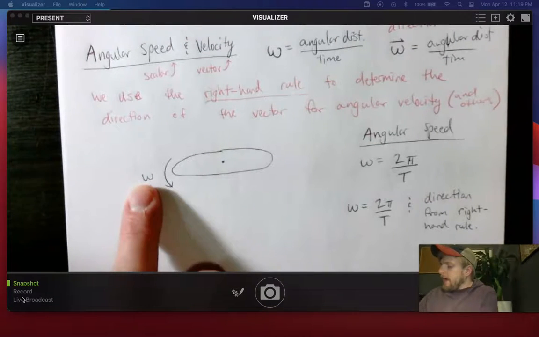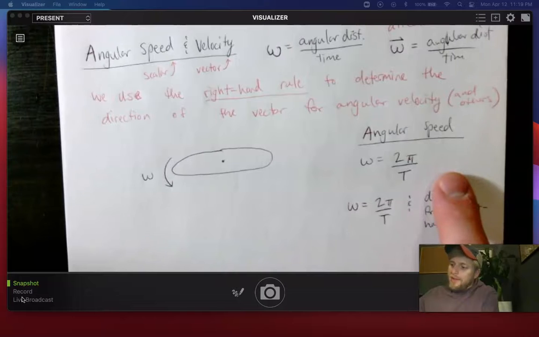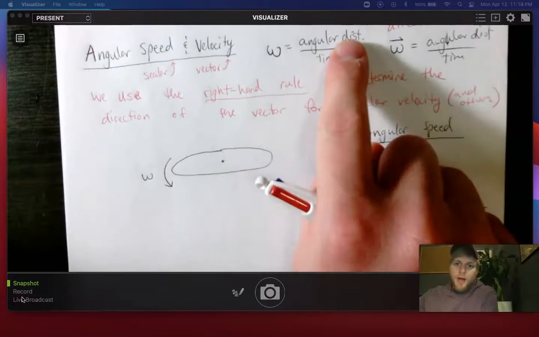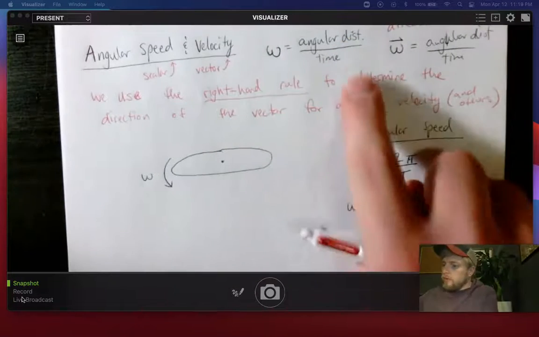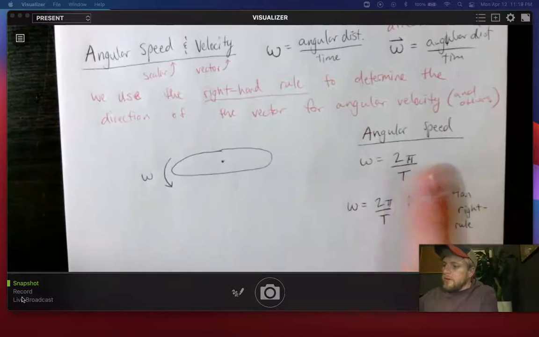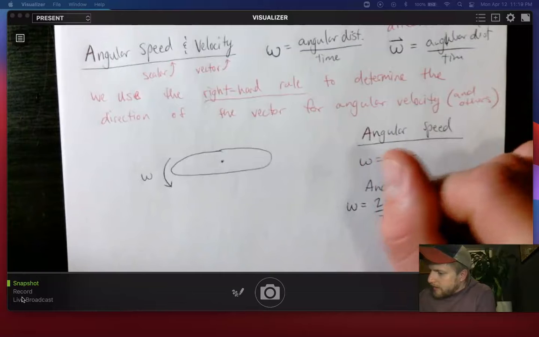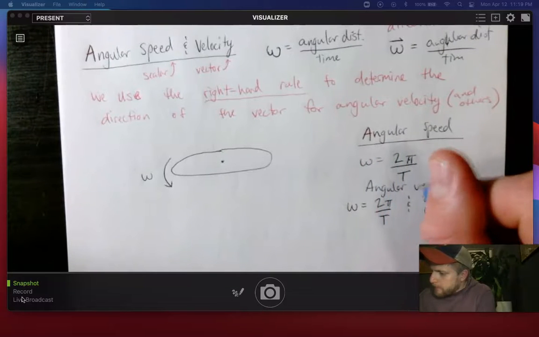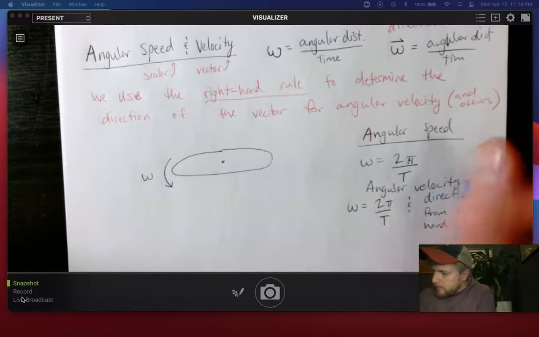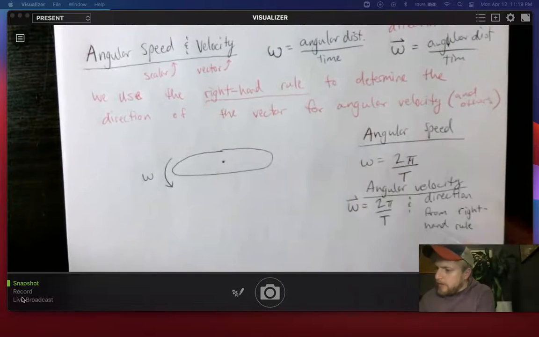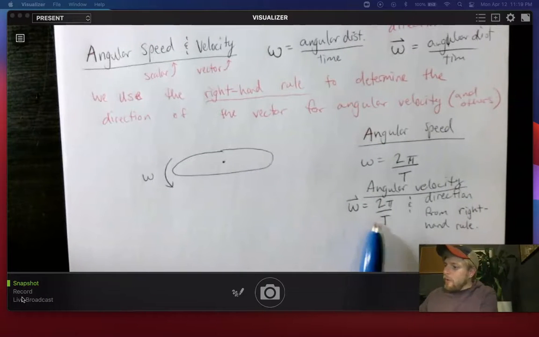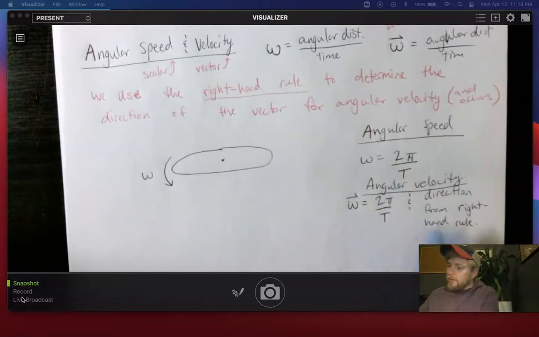Remember, we calculated angular speed with the angular distance, that's 2 pi radians over the total time it takes to make one revolution, capital T. For angular velocity, which is what we've got here, gotta be careful. That's a vector quantity. That's going to be the same equation for angular speed, but it's also going to include the direction from something we're going to call the right-hand rule.